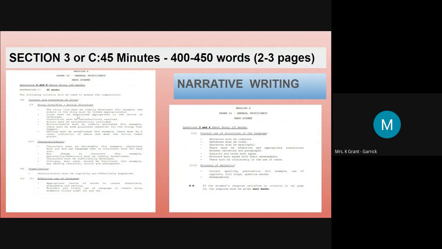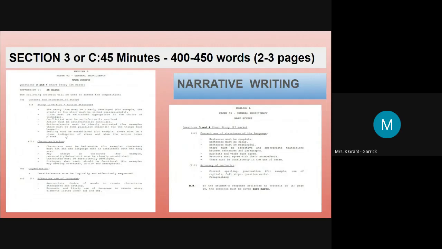So the storyline must be clearly developed, and that means that they want to see the events linked throughout the story. The conflict or problem must be clearly revealed and resolved. The action must be satisfactorily motivated, and there must be some plausible reason for the things that happened.